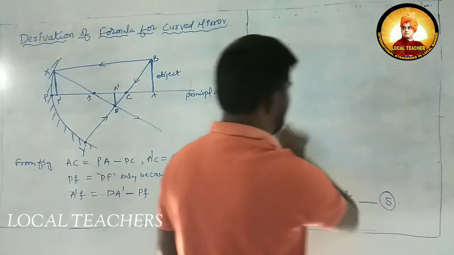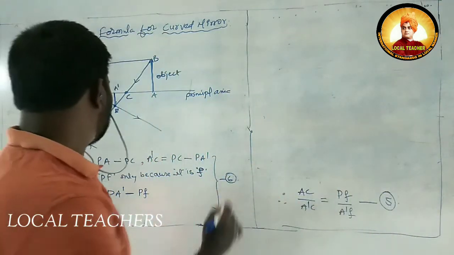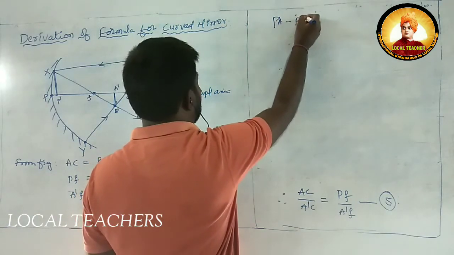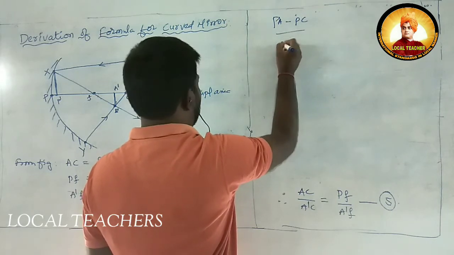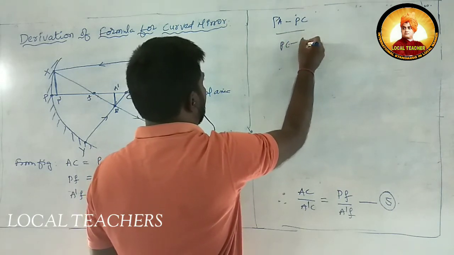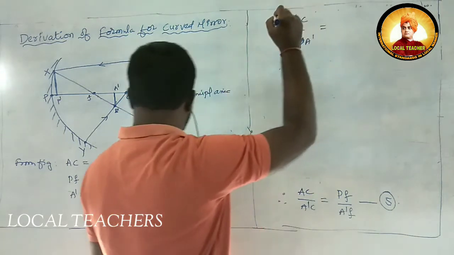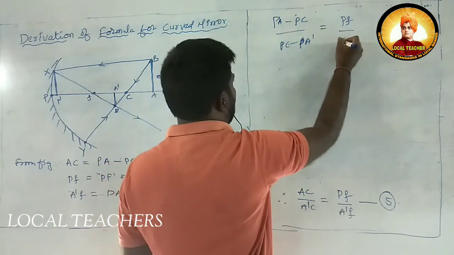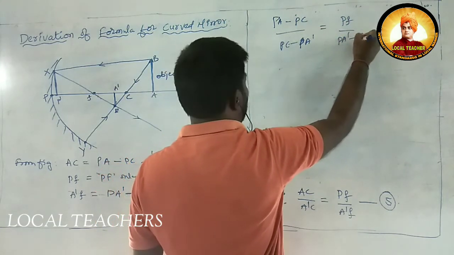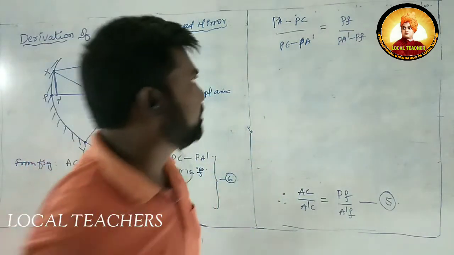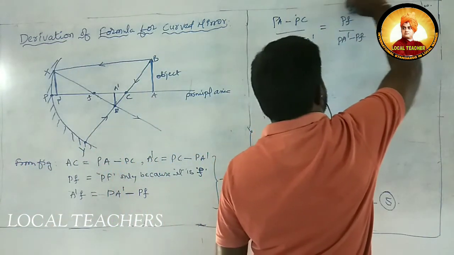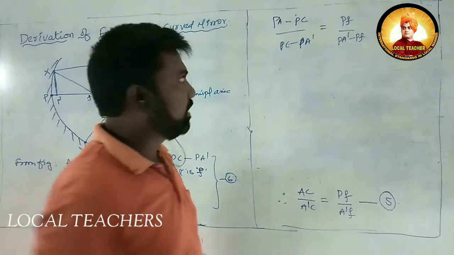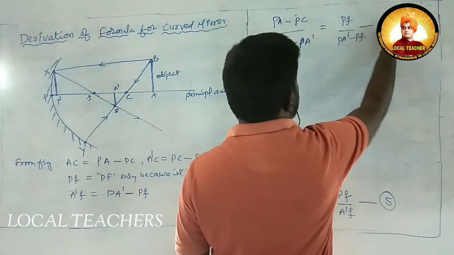So we can write here (PA minus PC) by (PC minus PA dash) equals to PF by (PA dash minus PF). So here the equation 5 became like this.